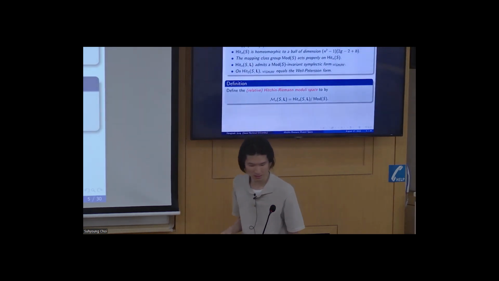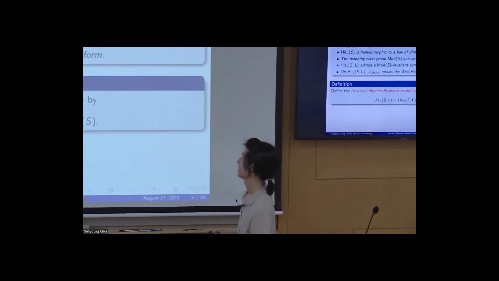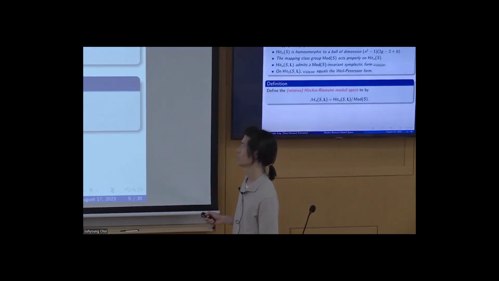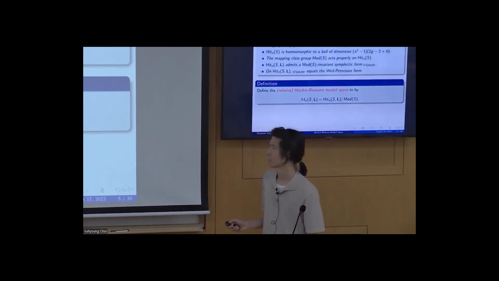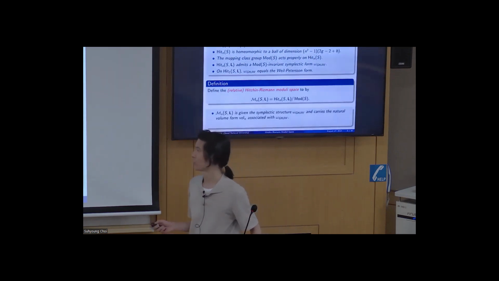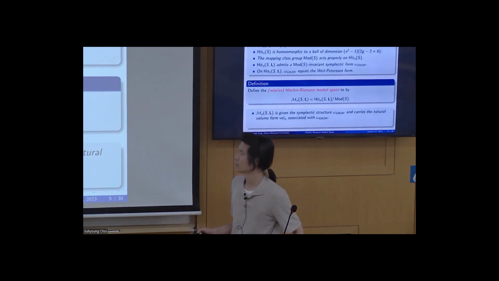We define the Hitchin-Riemann moduli space, or relative Hitchin-Riemann moduli space, as the quotient of our relative Hitchin component by the mapping class group. Because the mapping class group acts on this space properly, this quotient gives you some manifold structure, possibly with some singularities. And because this symplectic form is mapping class group invariant, it descends to the moduli space.